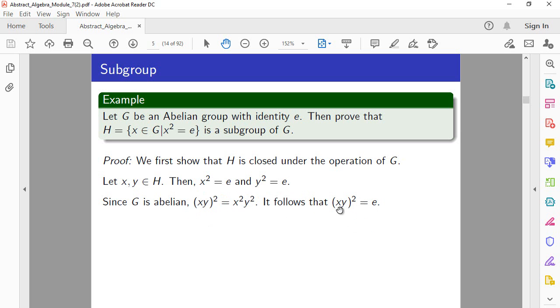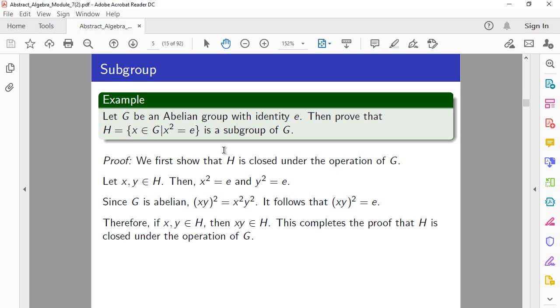Since the square of xy is the identity, by definition of H, xy belongs to H. So whenever x and y belong to H, x times y also belongs to H, and that shows that H is closed under the operation of the group G.